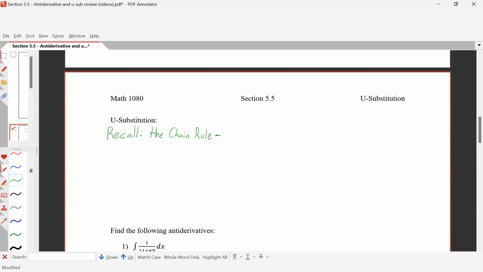So the chain rule said that if I'm taking the derivative of a composite function, so a function where I have one function nested inside of another, then the derivative of that function will be the derivative of the outside with the inside plugged in place, then times the derivative of the inside function.